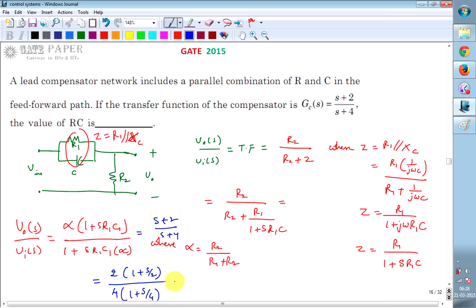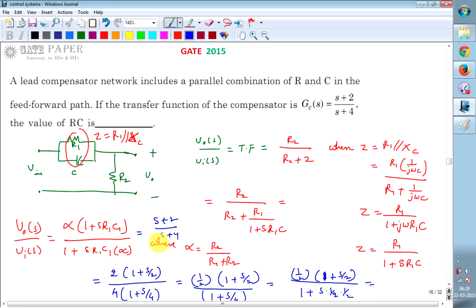So 2 by 4 becomes 1 by 2. So 1 by 2 into (1 plus s by 2) divided by (1 plus s by 4). This can be written as 1 by 2 times (1 plus s by 2) divided by (1 plus s times 1 by 2 into 1 by 2, that is 1 by 4).